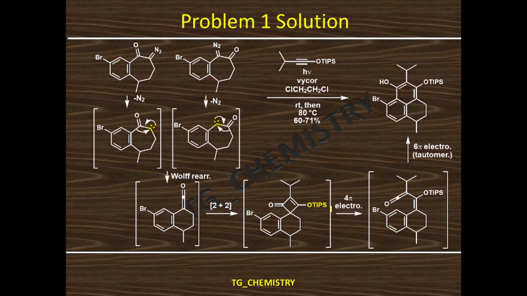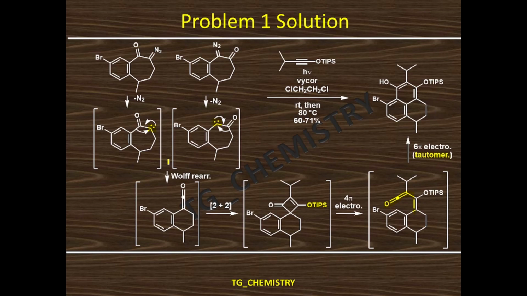Then the 4-pi electrocyclic ring opening will take place to form a modified ketene, which sets the platform for further 6-pi electrocyclic ring closure via tautomerization, and eventually that will lead to the dihydrophenylene compound as the major product, our target compound.